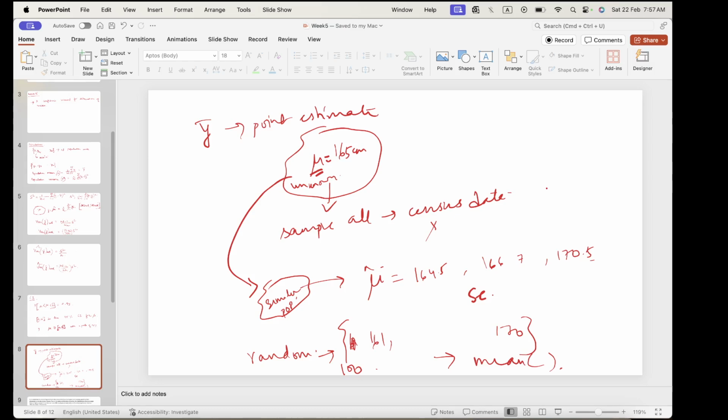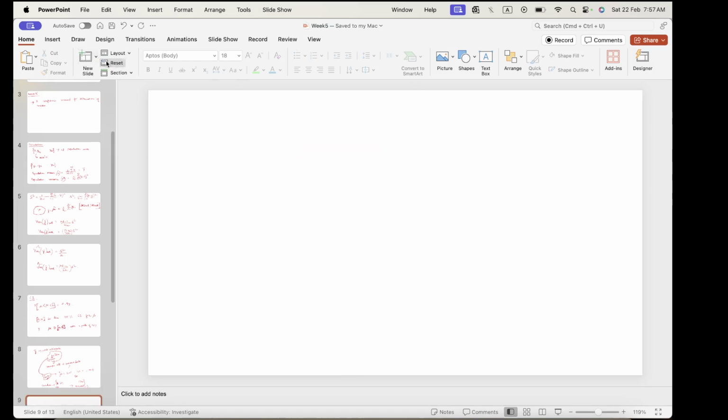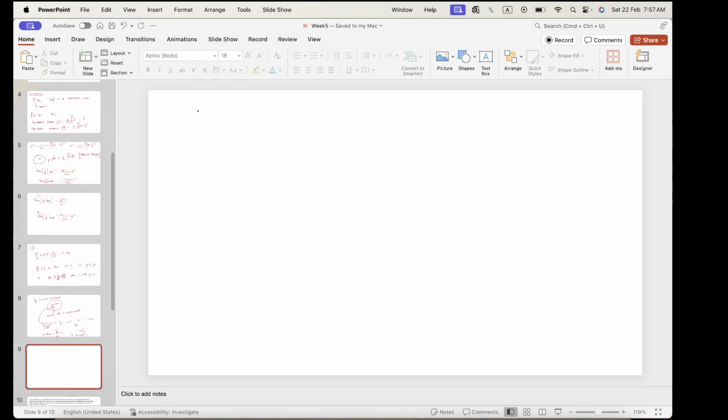But apart from mu hat and the standard error, I have no way to say how confident I am in this result. If I provide a confidence interval, that falls under the purview of interval estimation.